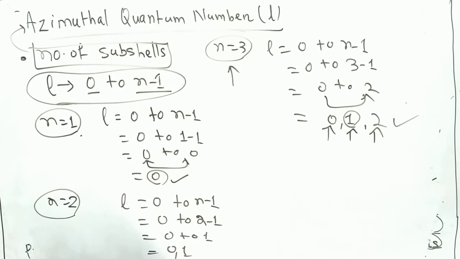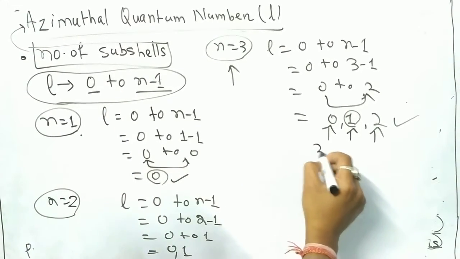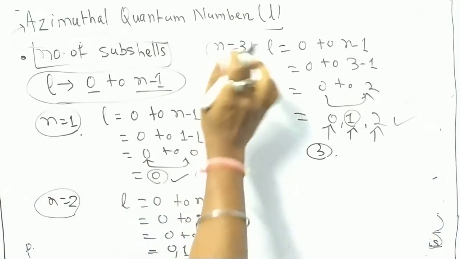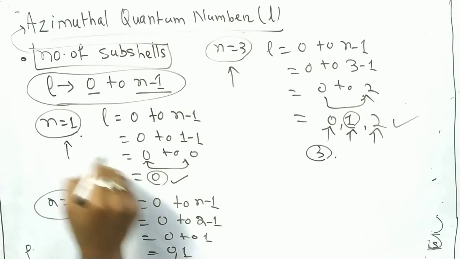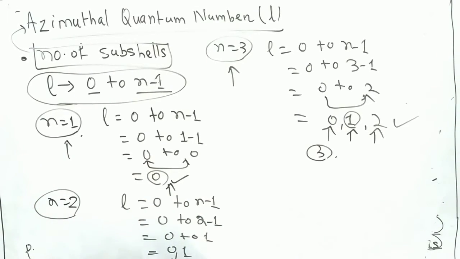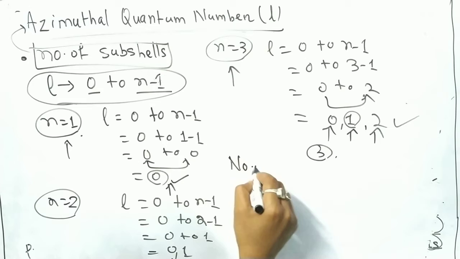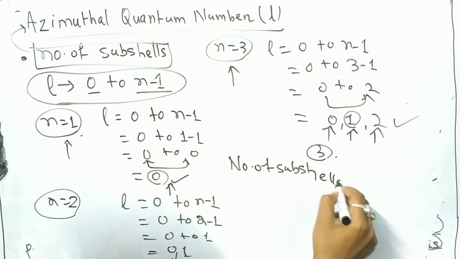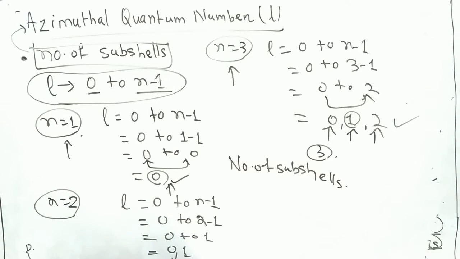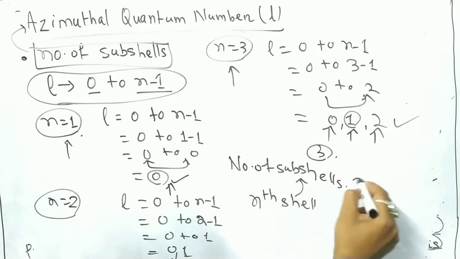For n is equal to 3, the number of subshells is obviously 3. For n value 3 it is 3, for n value 2 it is 2, for n value 1 it is 1. That means for the nth shell, the number of subshells is equal to n.